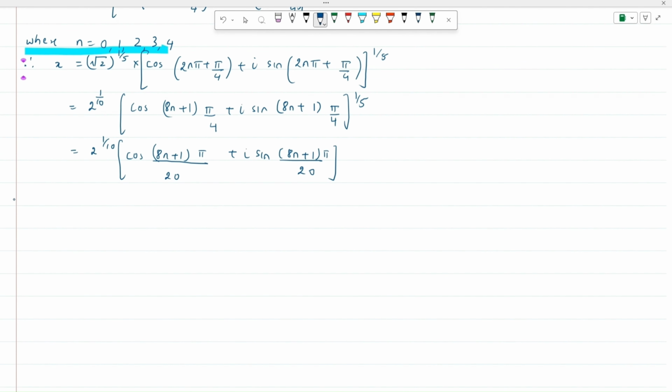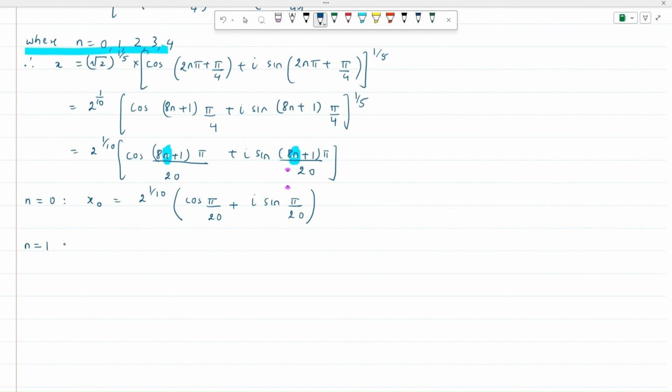When you put n equal to 0, we get the first root, let's call it x0. So x0 is going to be 2 raised to 1 by 10. We substitute the value of n, so this reduces to cos of pi by 20 plus I times sine of pi by 20.